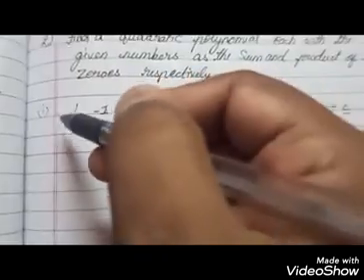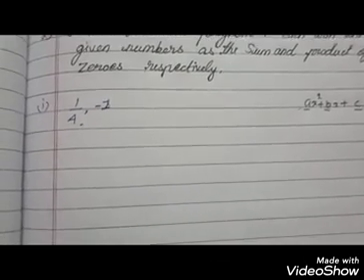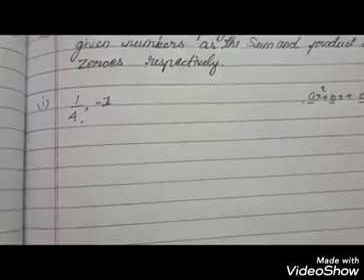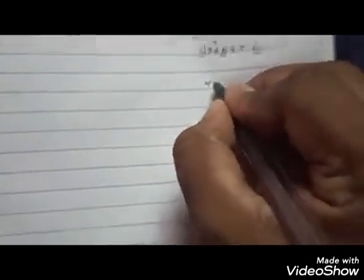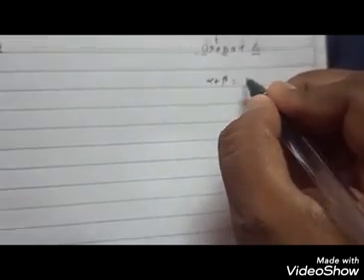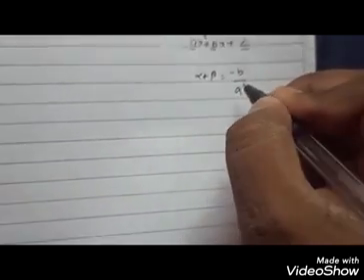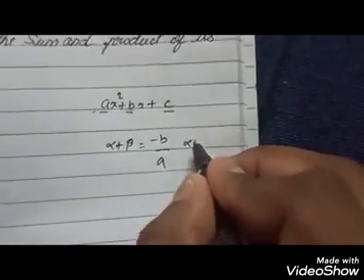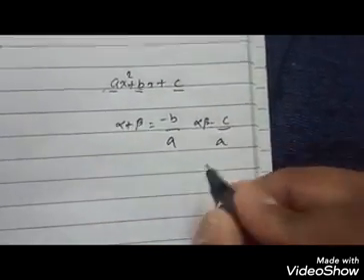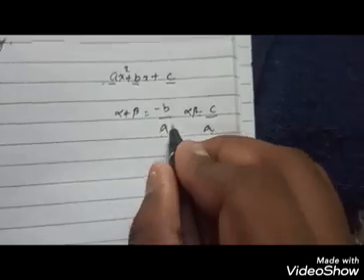By comparing these two, the denominator of those two, for example first one is minus b by a and then second one is c by a, the denominator is a. So alpha plus beta is equal to minus b by a, and alpha beta is also c by a. So by comparing these two, a is common.